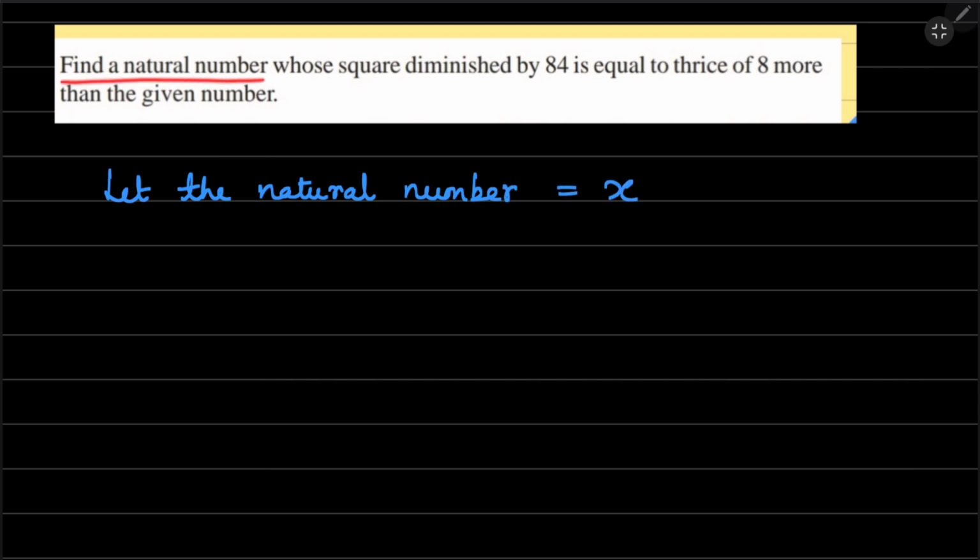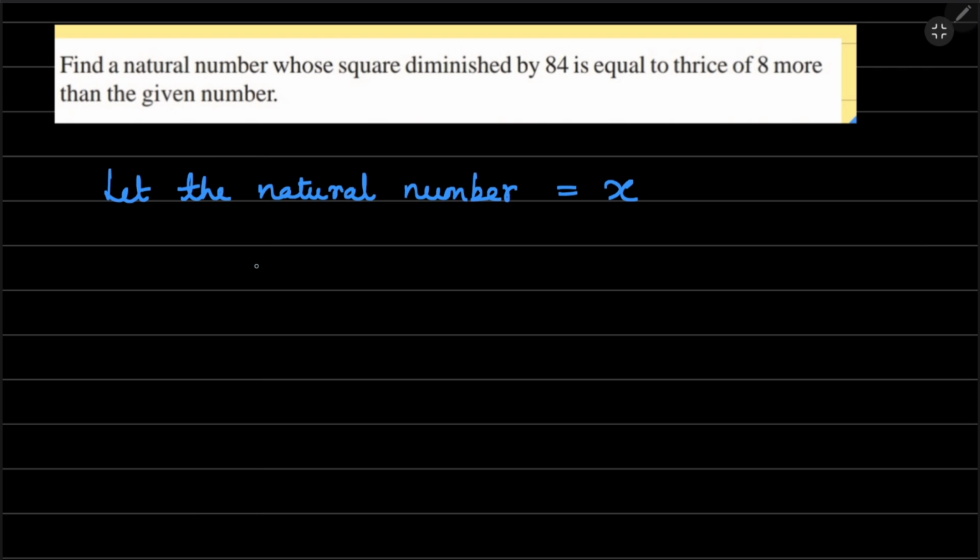So find a natural number whose square diminished by 84 is equal to thrice of 8 more than the given number. So let's read it slowly, patiently. Find a natural number, let us assume the natural number is x, whose square diminished means reduced by 84.